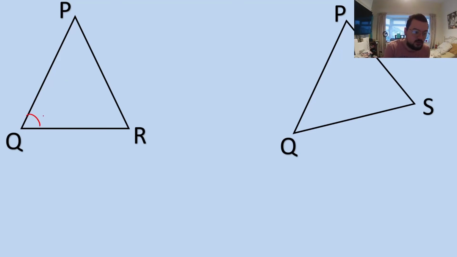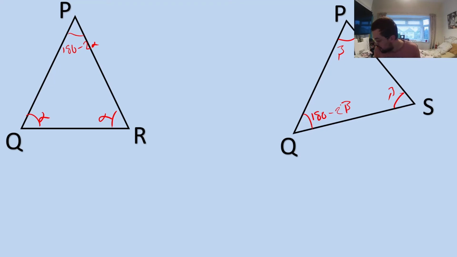We know that we can call this alpha, we can call this alpha, and for now let's just call this beta, and call this beta. We can call this 180 minus 2 alpha. We can call this 180 minus 2 beta.